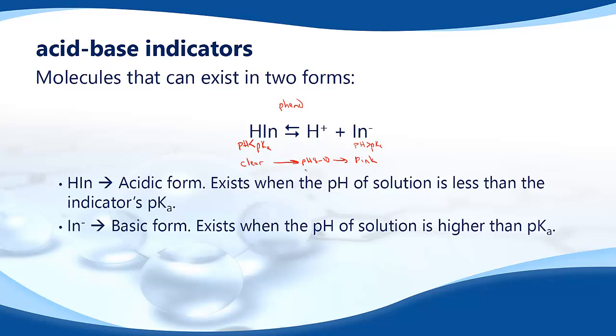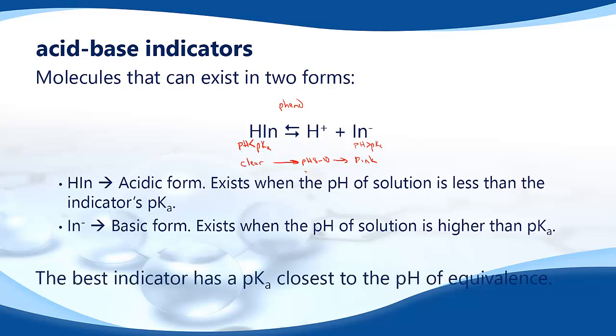Now the difference between a pH of 8 to 10 usually is like 1, maybe 2 drops. So it's not going to be that large of a difference in number of moles given to you. And again, key thing is choose the indicator whose pKa is closest to the equivalence pH that you're expecting.